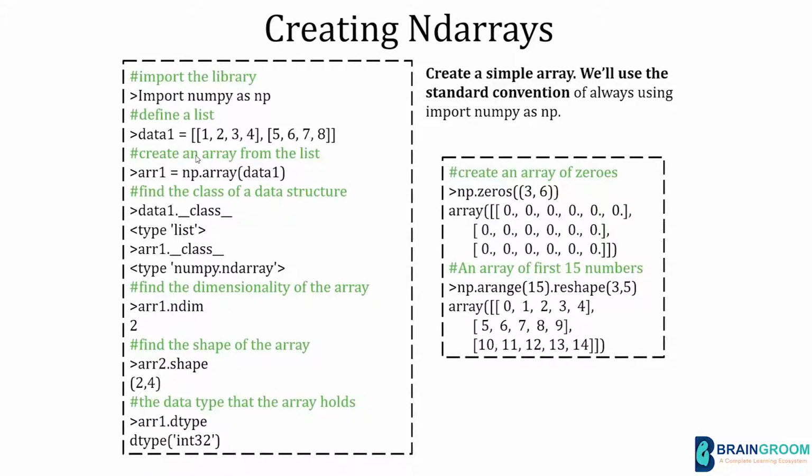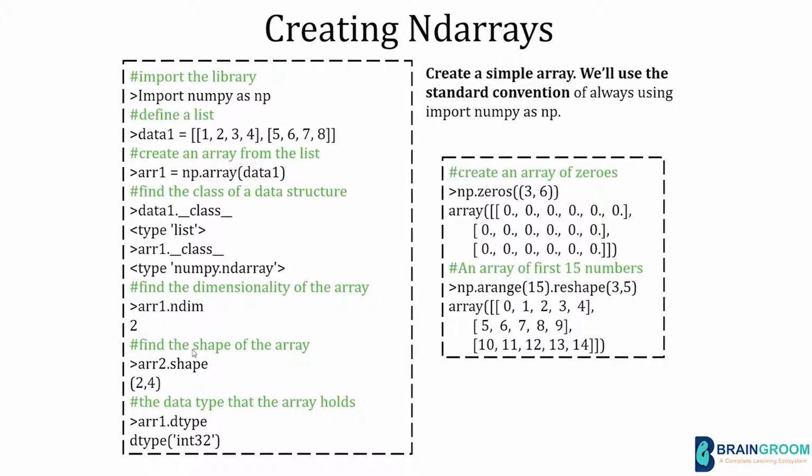If I want to convert this list into an array, I use np.array of data1. If you define it this way, it is printed in the format of an array. If you want to see the dimension of the array, we use ndim, which shows it is two dimensional, where we have rows and columns.